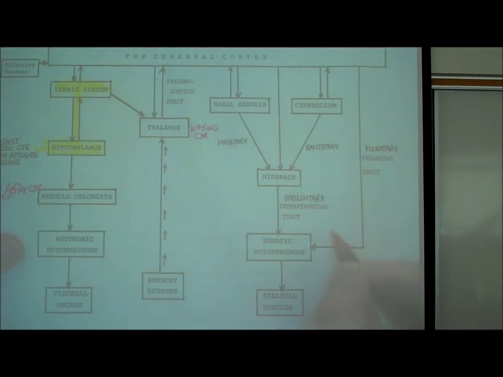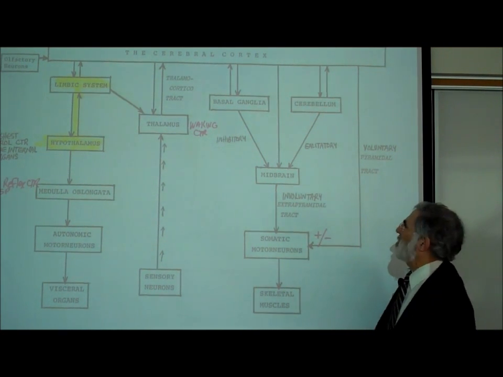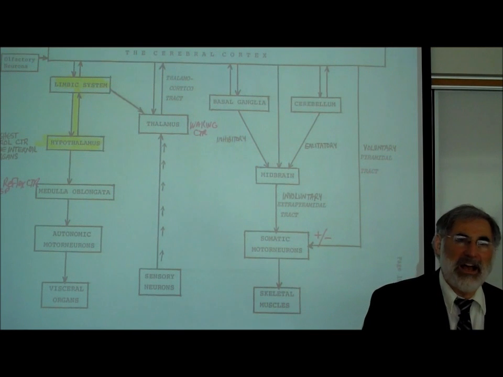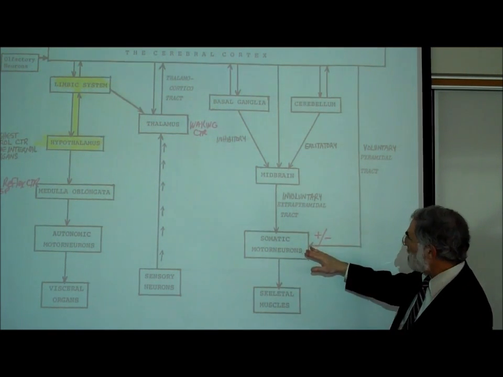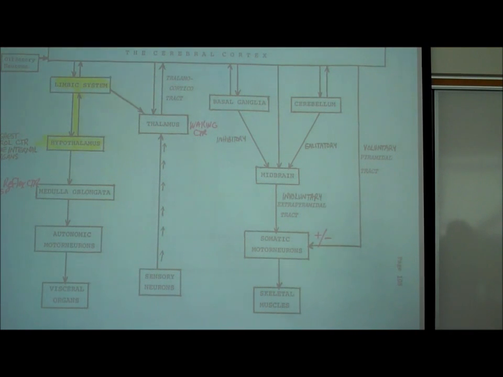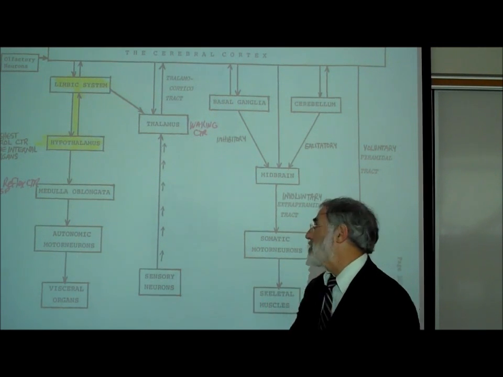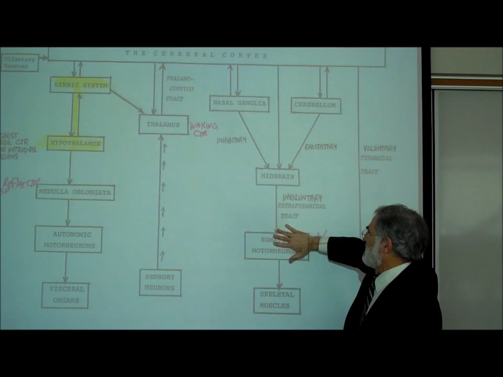And this we can exert both excitatory or inhibitory influences on the somatic motor neurons, and therefore activate somatic motor neurons to activate skeletal muscles, or inhibit somatic motor neurons to prevent skeletal muscles from contracting. And this is needed when we exert fine motor control. There is also the involuntary pathway.